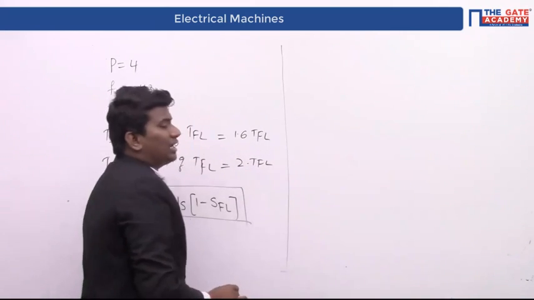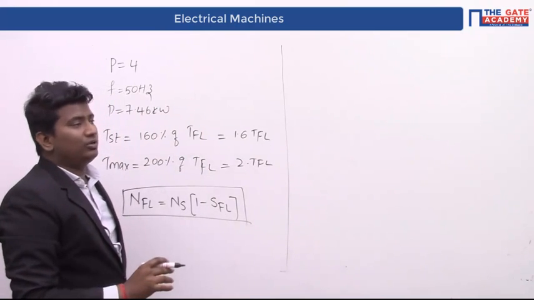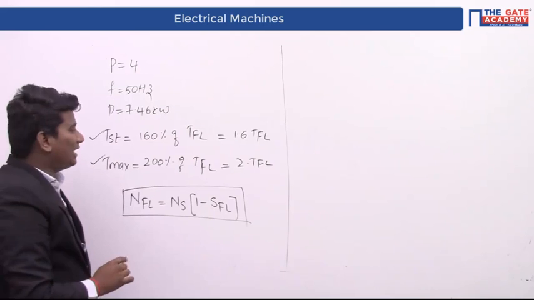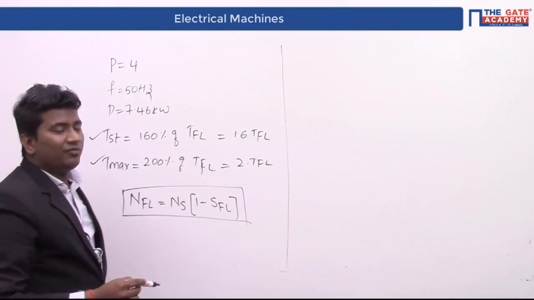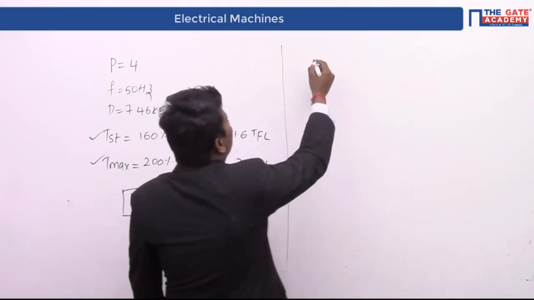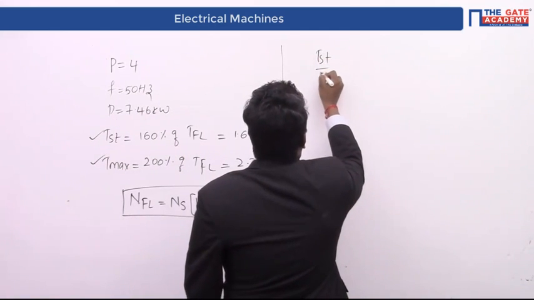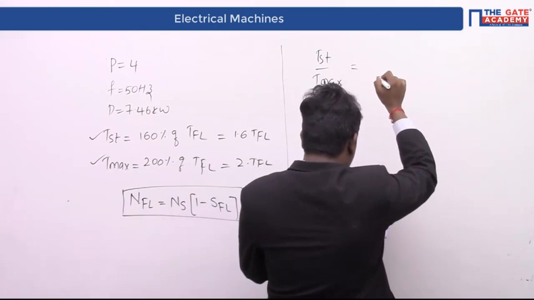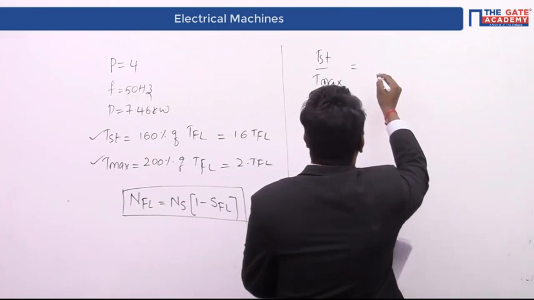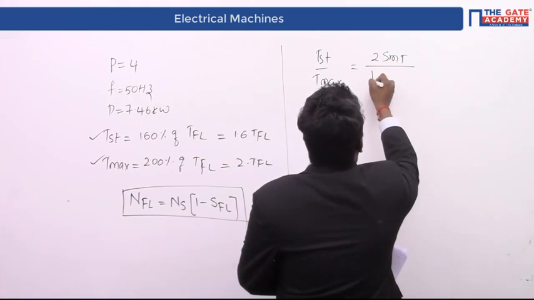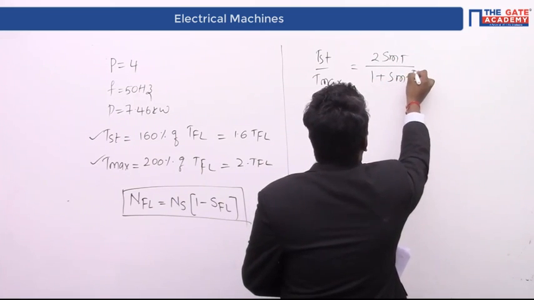Before starting this problem, we should know one thing. As we know the relationship between starting torque and maximum torque, from that we can find maximum slip. Therefore, T starting torque by T maximum is equal to, what is the relation we know? 2 times slip corresponding to the maximum torque by 1 plus SMT square.